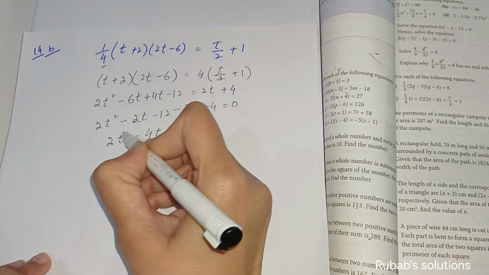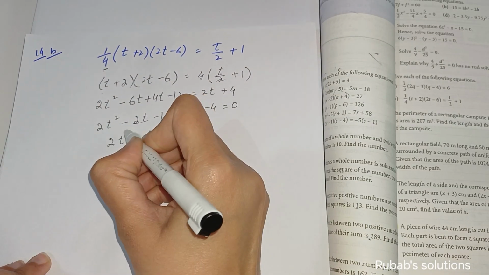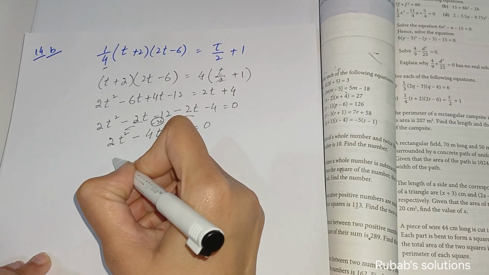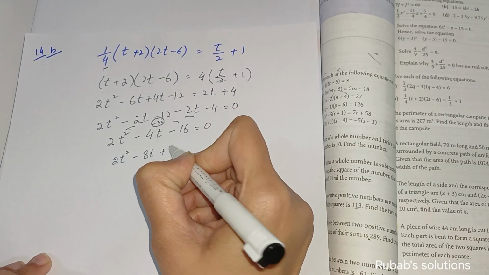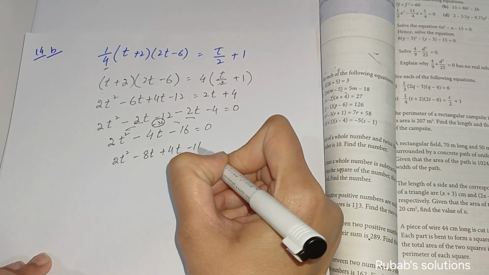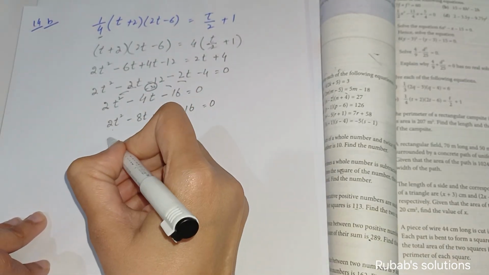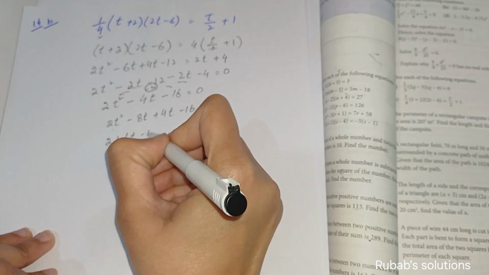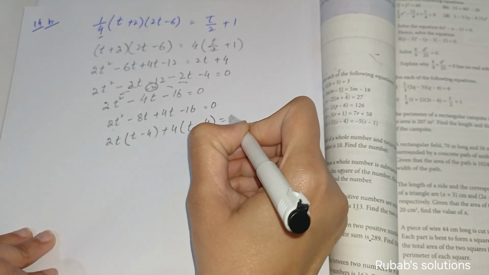Now 16 multiplied with 4 is 64, so I want minus 32 over here. I know that 8 4s are 32, so minus 8t plus 4t minus 16 is equal to 0. From these two I can take 2t common. So the remaining answer is t minus 4 plus 4, t minus 4 is equal to 0.